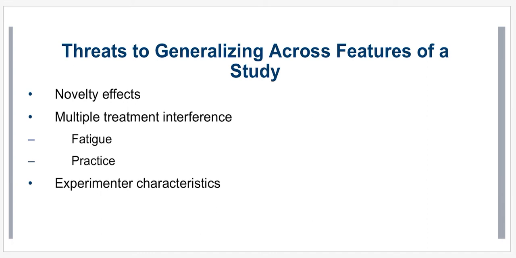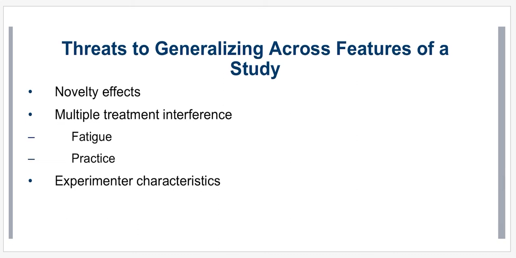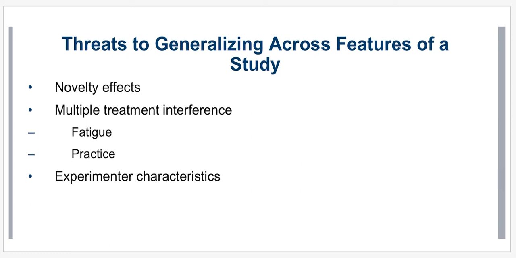And then last is the experimenter characteristics. Again, this goes along with the procedure part because it's what the participants are experiencing during the study. And so there could be things about the experimenter that create bias or that cause the participants to react differently or behave differently than they normally would. The book uses the example of a kind experimenter versus a harsh experimenter. And obviously that would affect the way that the person reacts. But things like that, I mean, it could be as simple as the experimenter being male instead of female, or the experimenter being older instead of younger, or blonde hair, brown hair.